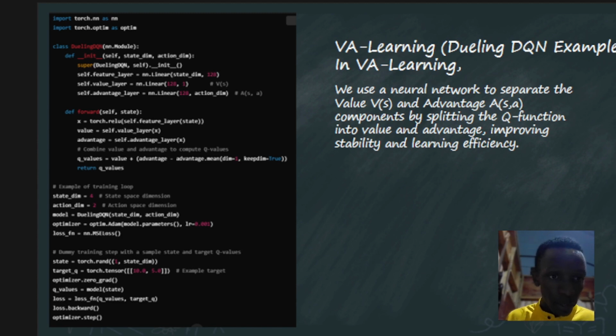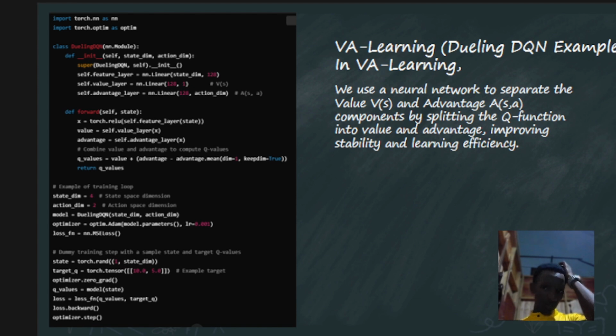In the example, we have the state space dimension and the action space dimension, which we use to estimate. And we have the main training step with the sample state and target Q values here.